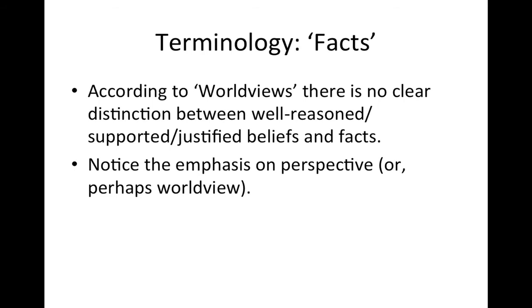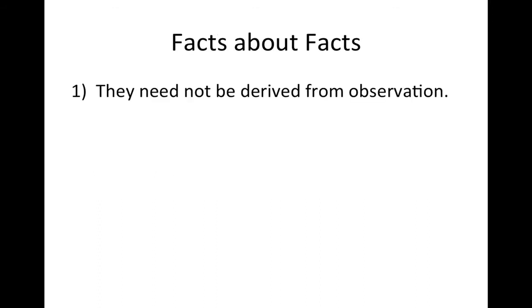And this is where it's important to choose your theory of truth. Do you have to have some sort of correspondence here in order to have good support and justification, or do you have to have merely some sort of coherence? So now we've understood what facts are. Facts need not be derived from observation. We can just reason to facts.